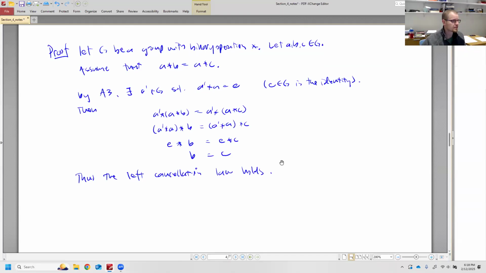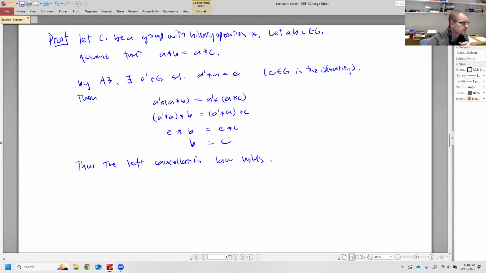Once I know that the left cancellation law holds, similarly, the right cancellation law holds. It's the same proof. You just multiply on the right instead of on the left. And that's what we wanted to show. We wanted to show that the left and right cancellation laws hold. End of proof. Boom, we're done.